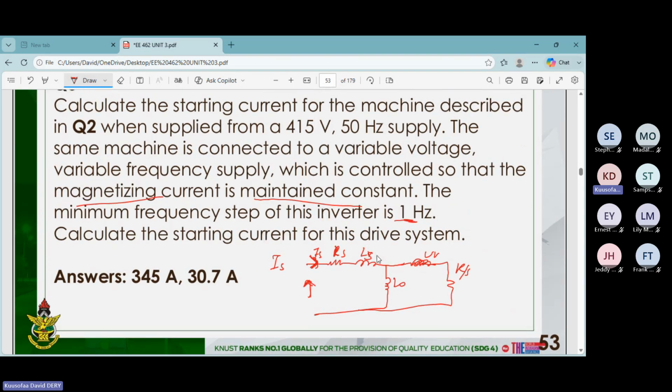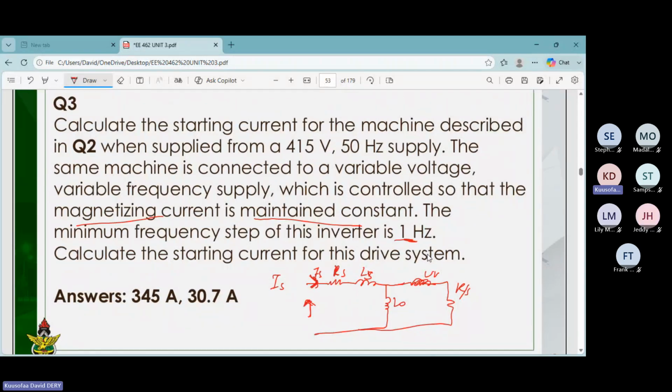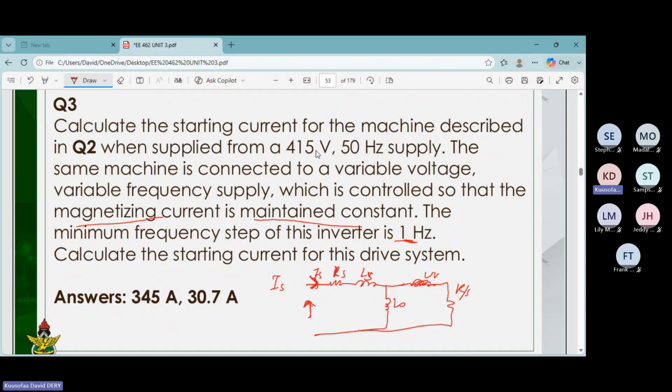So from here, these are the inputs that we have. We need to get the current flowing in each branch, and if we are able to determine that, then we'll be able to calculate IS. We can also take loops to help us do that. If we take this loop, we don't know the current here. If we take this other loop, we don't know the current in this one either.